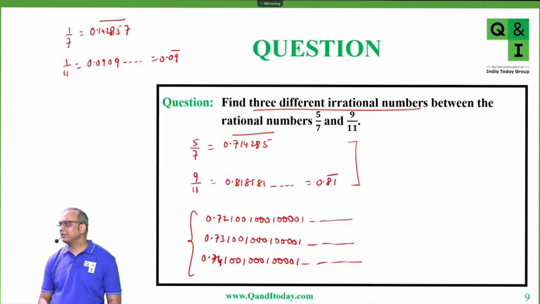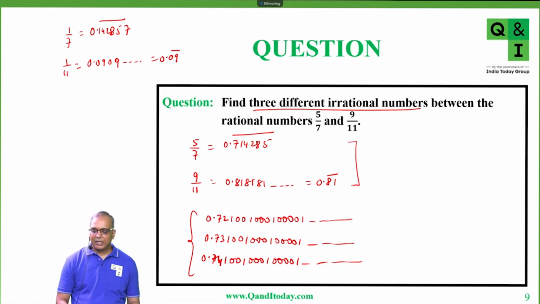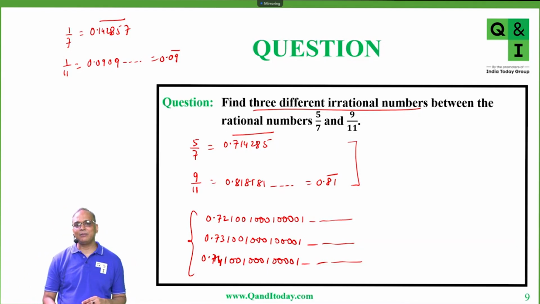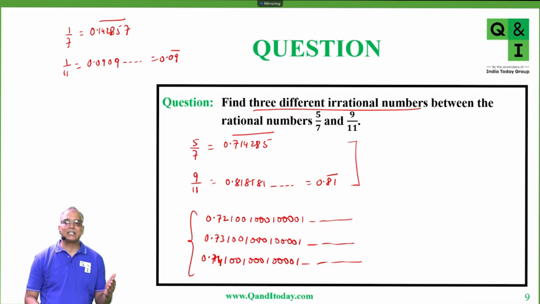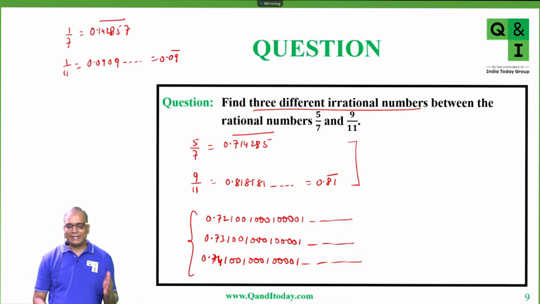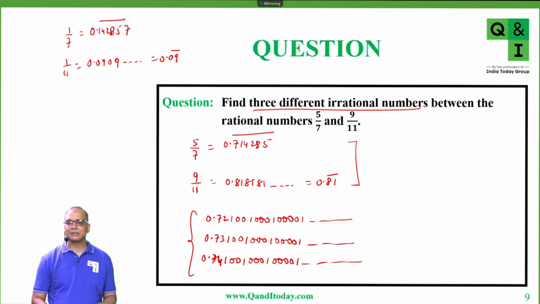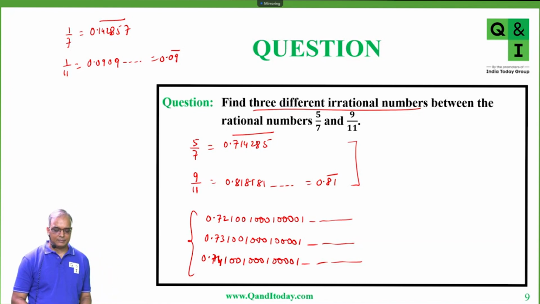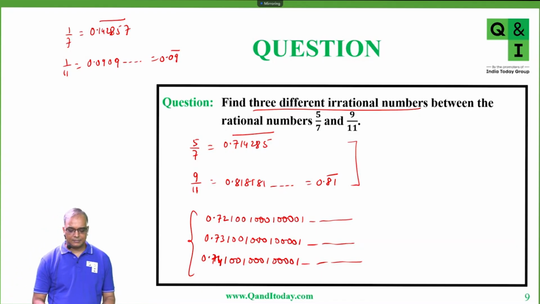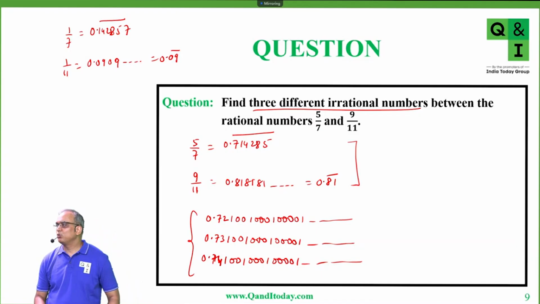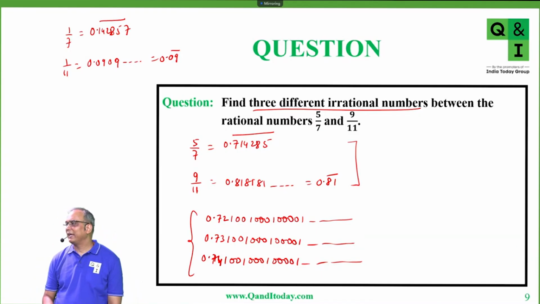Is this clear, students? Have you understood the concept? How to write three irrational numbers between rational numbers 5 by 7 and 9 by 11: we first convert them to decimal form, and then write three irrational numbers between these two rational numbers. Please note this down, students.